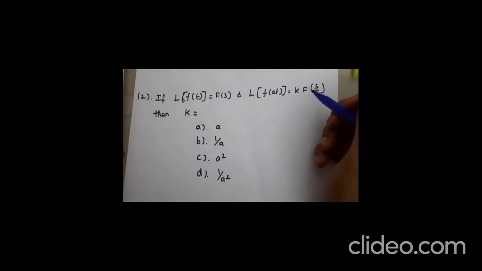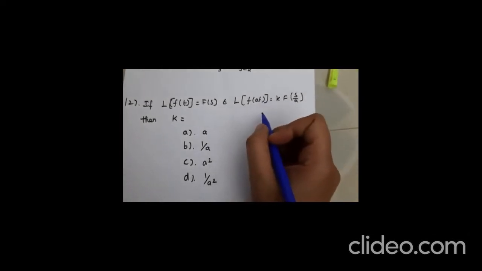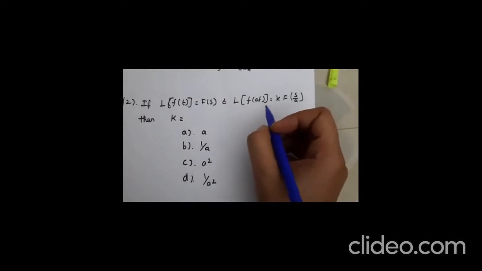2 is the answer. And 12th question: if the Laplace transform of f of t is F of s, find the Laplace transform of f of a t. This comes with the scaling property of Laplace.